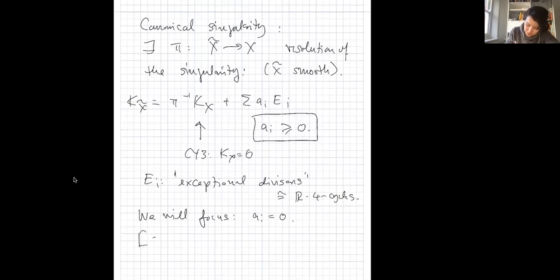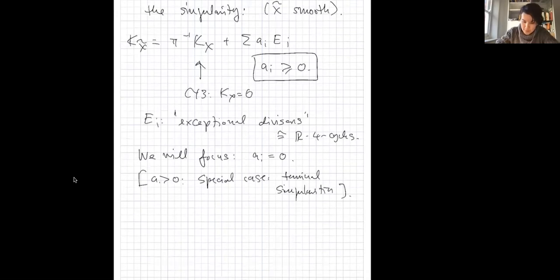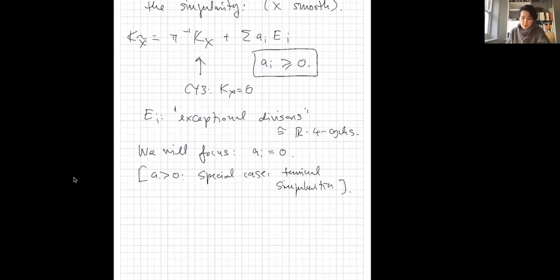And the case with the a_i bigger than 0 is a special case, which are so-called terminal singularities. And the physics of those we're still exploring. So I want to focus on the case when the canonical class retains its triviality as we blow up.